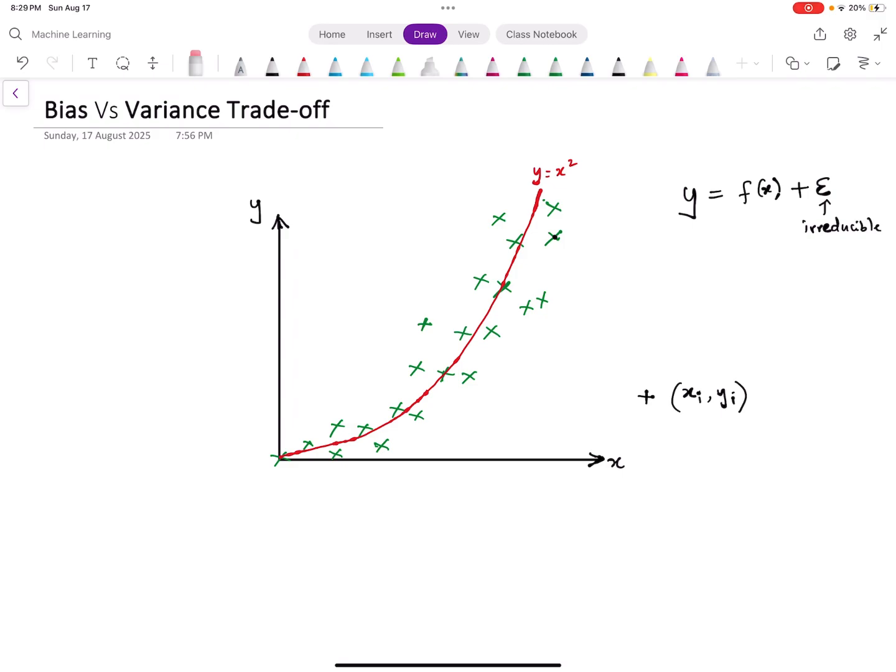That is normally seen in classification problems. Just for our understanding, we only consider the case of linear regression here.